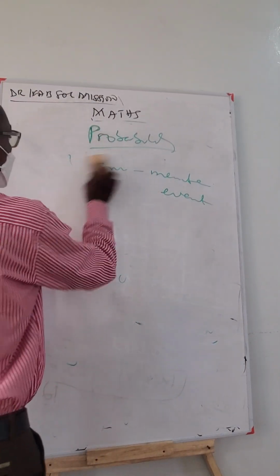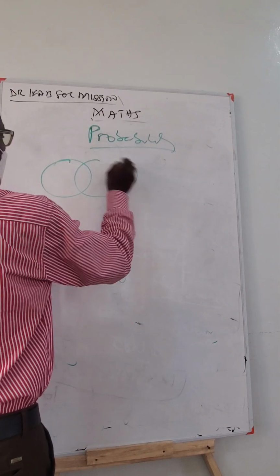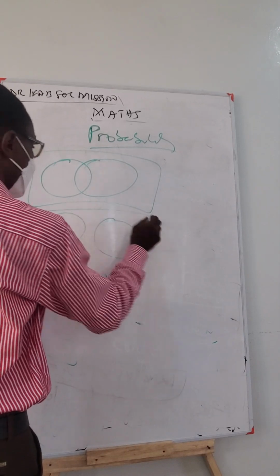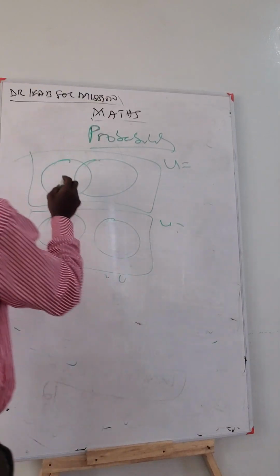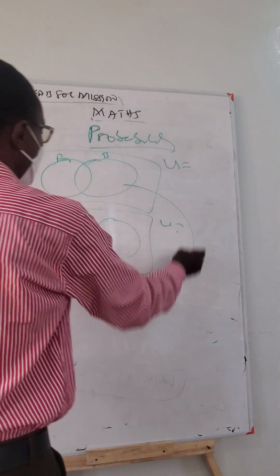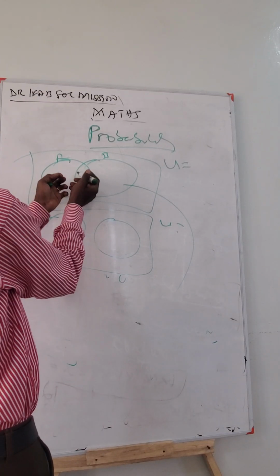There are times that you have, let's say, a Venn diagram kind of thing. This intersecting, this not intersecting. U is the total. See that here, this is A, this is B. When you have this one, you see they are mutually inclusive.